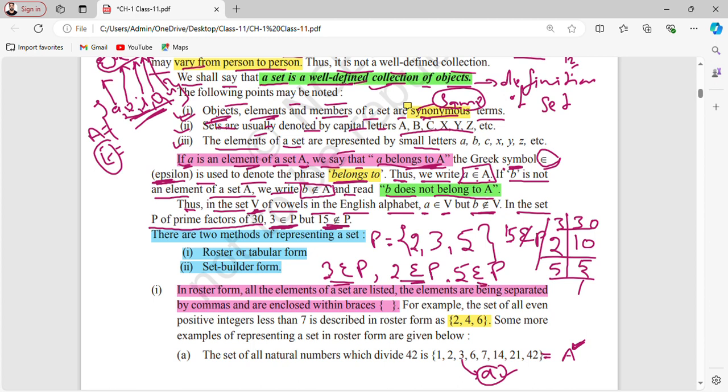So this is a representation of belongs. Which element belongs in the set and which element does not belong in the set, you can represent like that. There are two methods to represent a set. The first method is the roster or tabular form, and the second method is the set builder form.